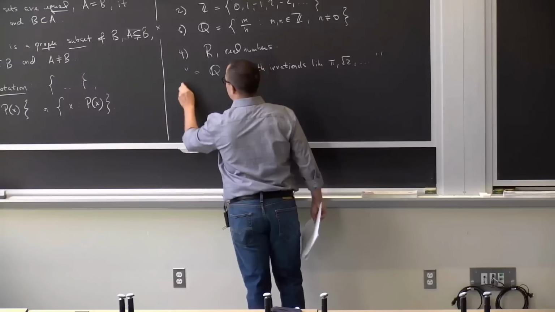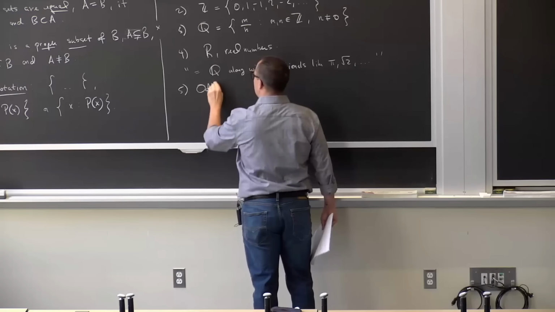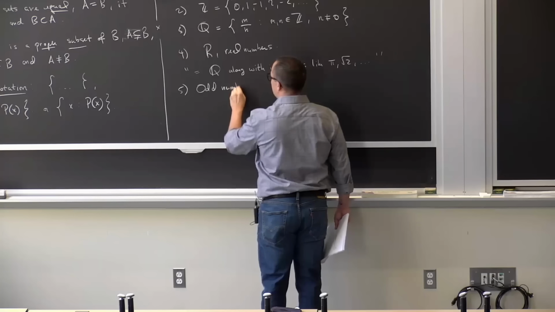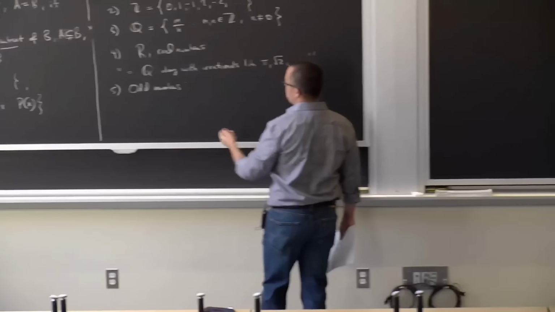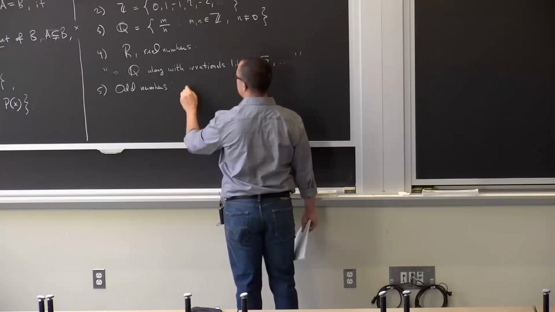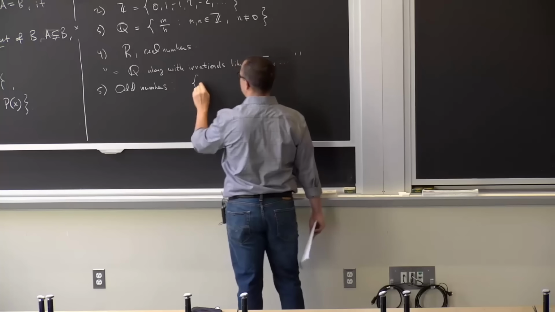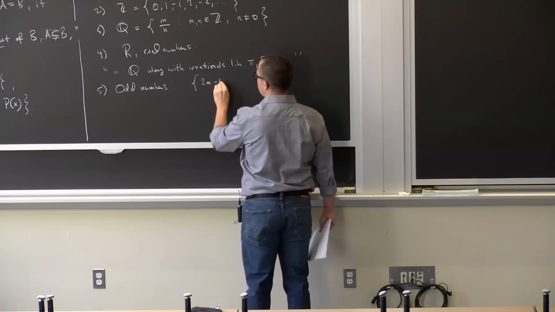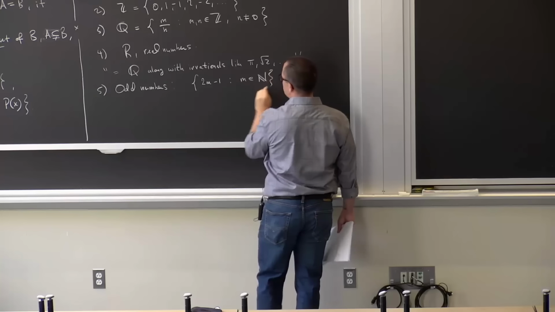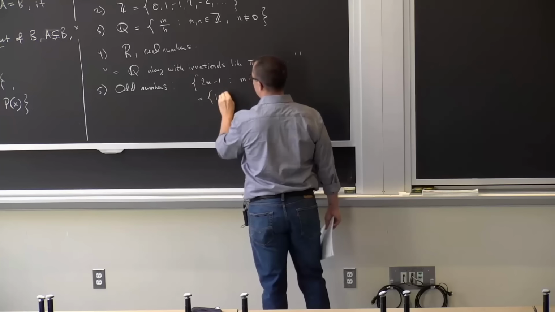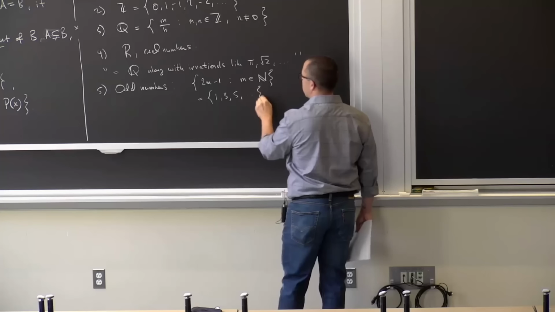Of course, I didn't have to use these. Maybe I'm interested in odd numbers. That's the set of numbers of the form 2m minus 1, where m is a natural number. So this is just 1, 3, 5, and so on.